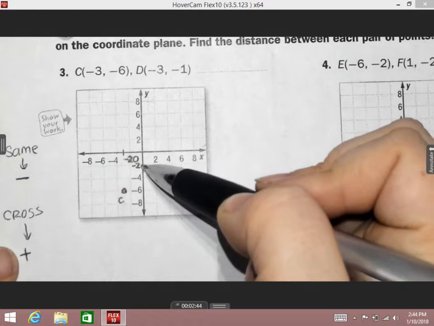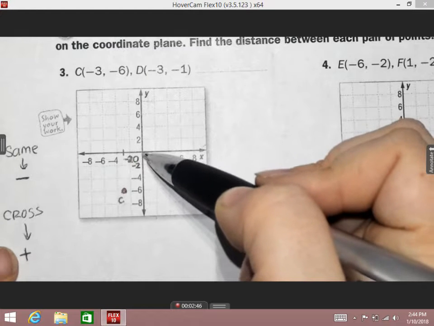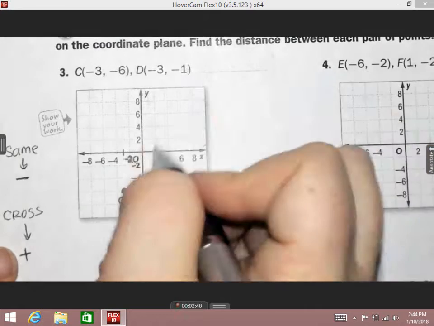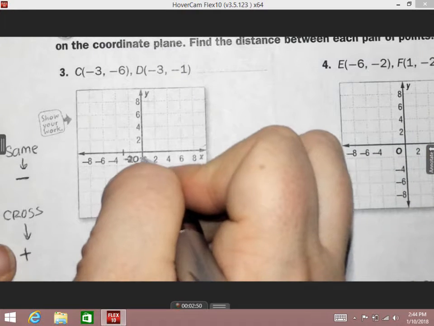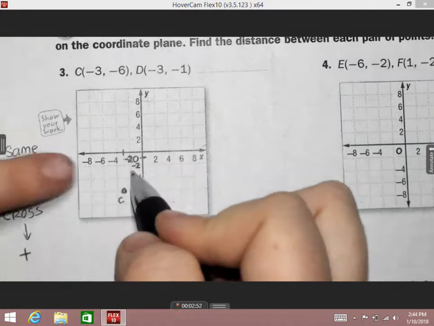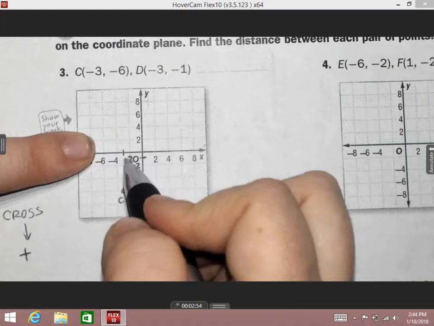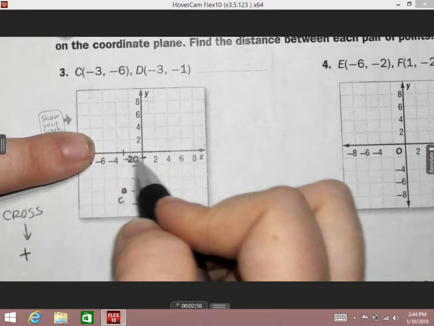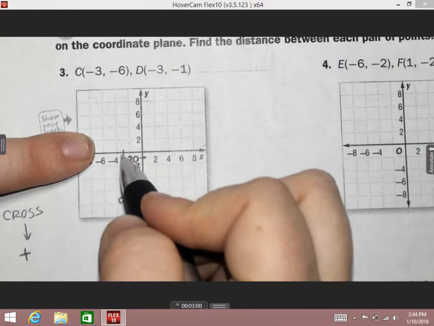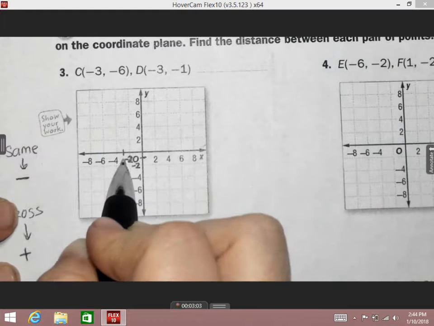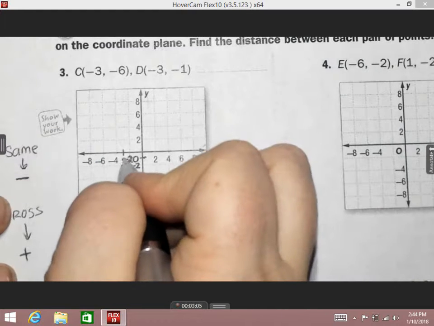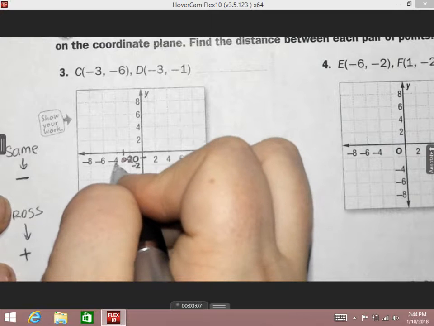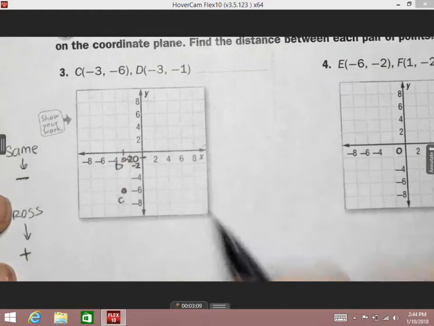Yeah, it's going to be before the negative 2, in between that 0 and negative 2. If you want to put that little tick mark, that space mark, you can. So where these 2 space marks are, that's what I'm looking to see where they meet. They end up meeting in the very middle of a block. Y'all see that? Yes. They meet in the very middle of that block. I'm going to go ahead and put my dot there. And that's going to be my D, correct?